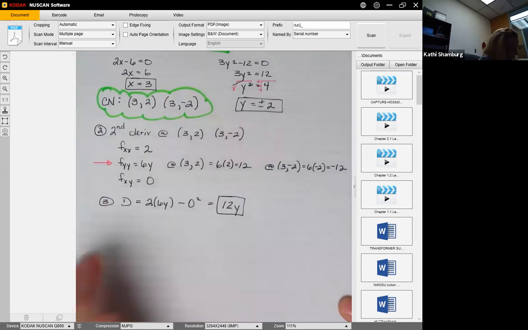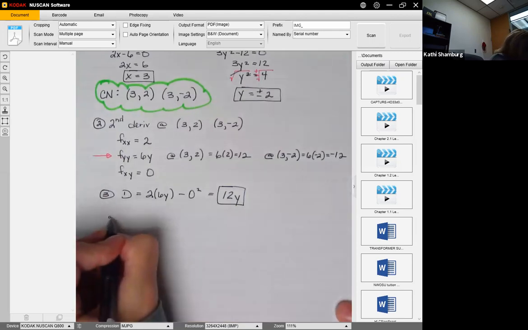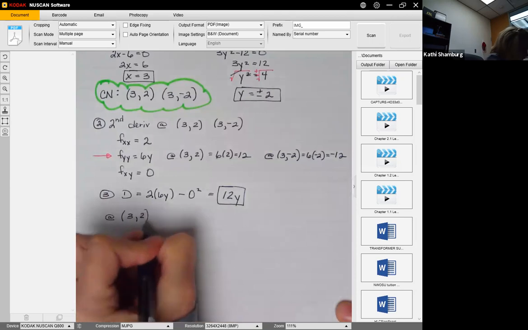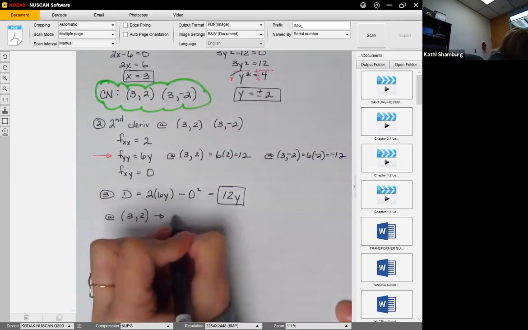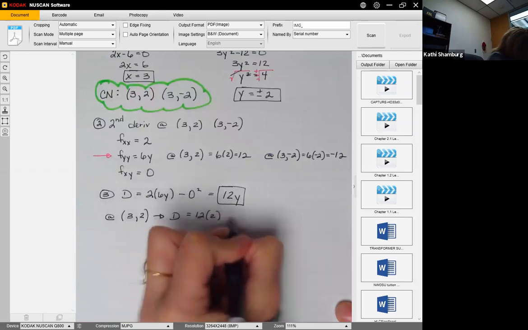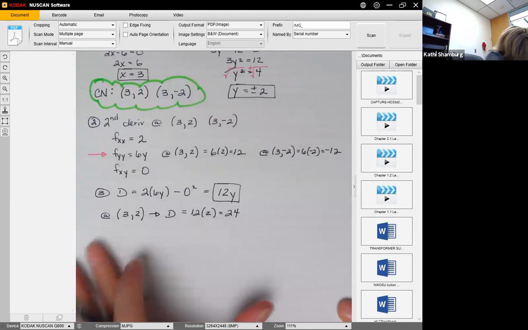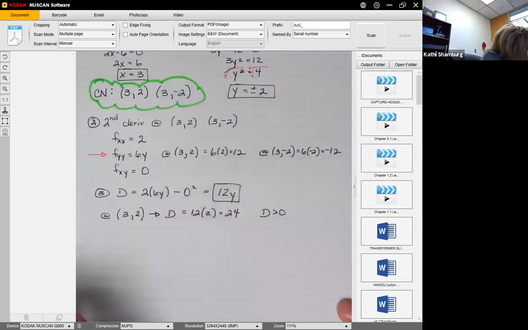All right, so let's look at the critical number (3, 2). So my D would be 12 times 2, which is 24. All right, so what are the things that we look at? We go, okay, D is positive, so it's greater than 0.